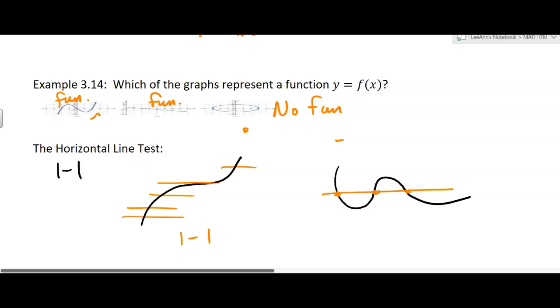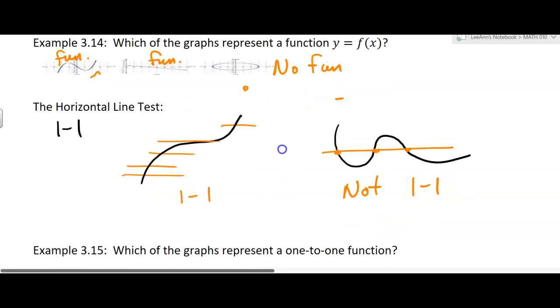You only have to hit 2 places, but if you draw a horizontal line and you hit the graph more than once, any place on the graph, it is not 1-to-1. It is still a function. So when you want to know if something's a 1-to-1 function, you have to show that it's first of all a function, vertical line test. Then if you want to know if it's a 1-to-1 function, then you have to do the horizontal line test.